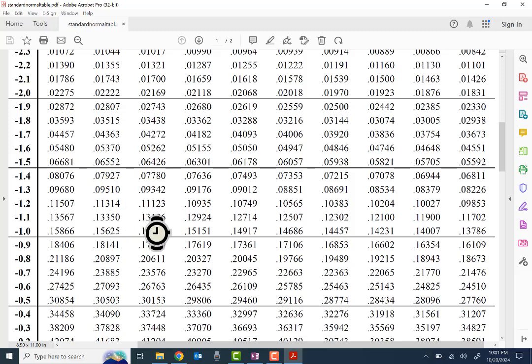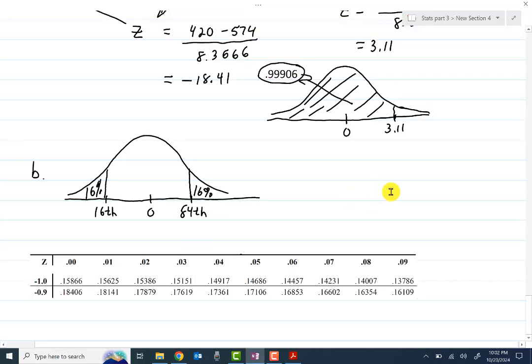So I'm looking for as close as I can get to 0.16. Here's 0.1609. Here's 0.15. So I'm straddling two spots here. Let's grab them. All right, I've pulled in the sections for the table that I want.